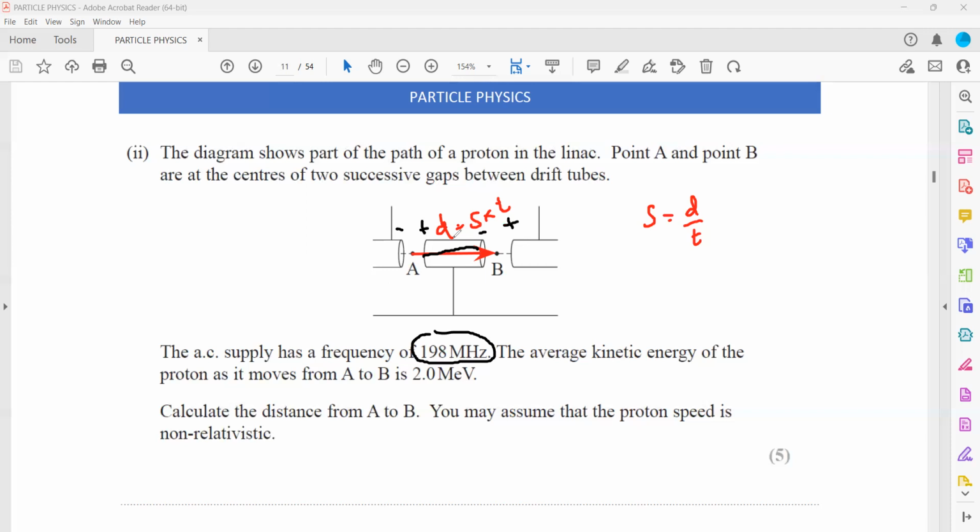When the proton reaches the other plate, first it is at position A, this is negative positive negative positive. Then when the proton is between the tubes, the terminals will change.